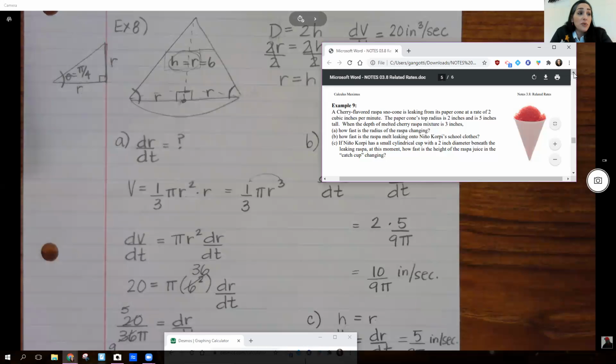Part B, how fast is the raspa melt leaking into Nino Corpi's school clothes? And part C, if Nino Corpi has a small cylindrical cup with a 2-inch diameter beneath the leaking raspa, at this moment, how fast is the height of the raspa juice in the catch cup changing? So this is really good. This is a good one.